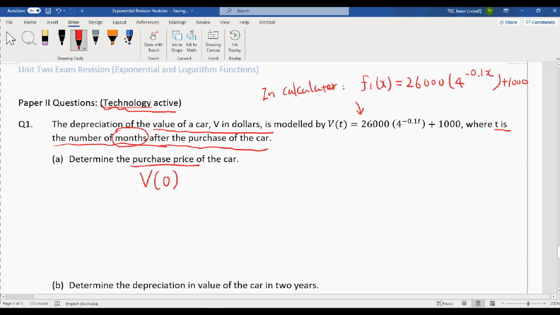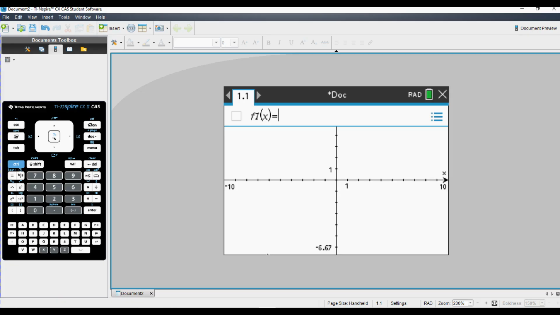That's what you're going to put in. So you need to use the power. You need to use the variables x and y, rather than v and t. Now let's go back to the calculator. Let's input the whole function.